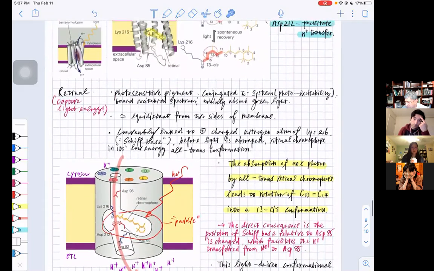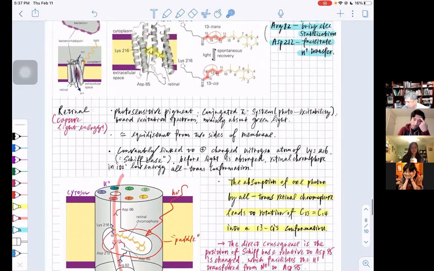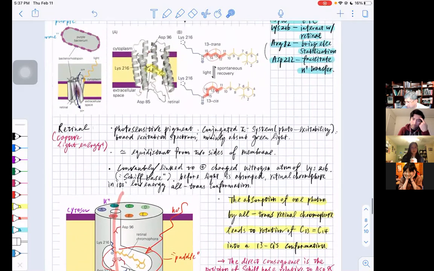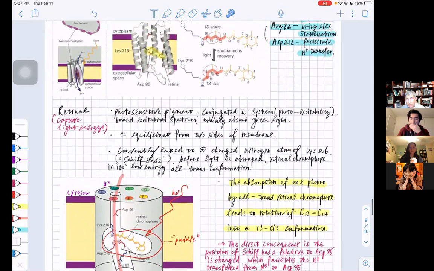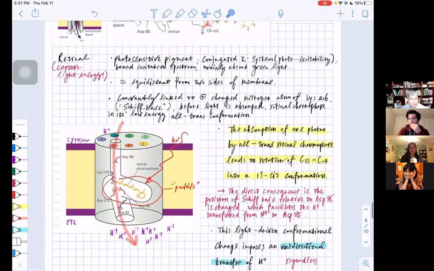So the key event is that upon its excitation, the all-trans conformation will become a 13-cis conformation that's higher in energy, and that conformational change moves the retinol closer to aspartate 85, which induces the subsequent transfer of proton from retinol to aspartate 85.